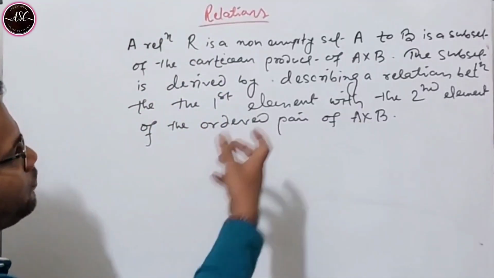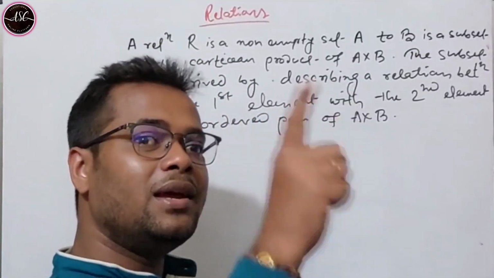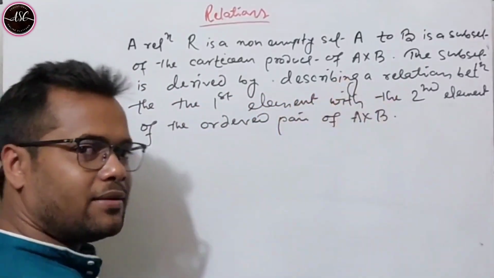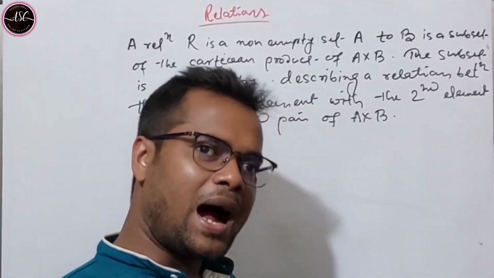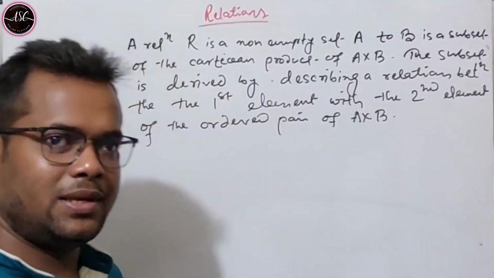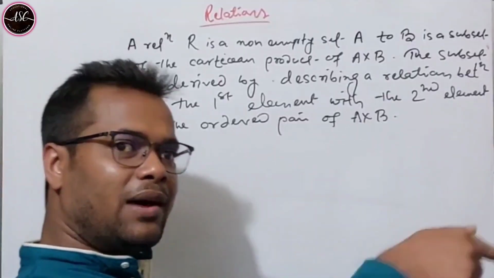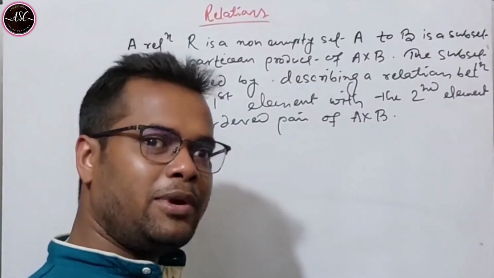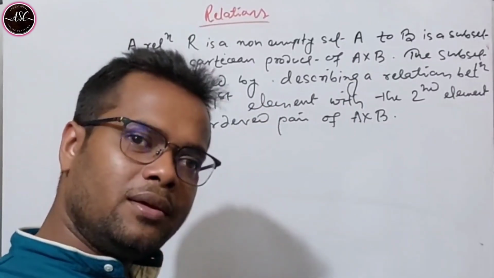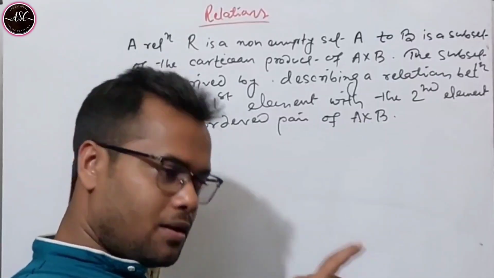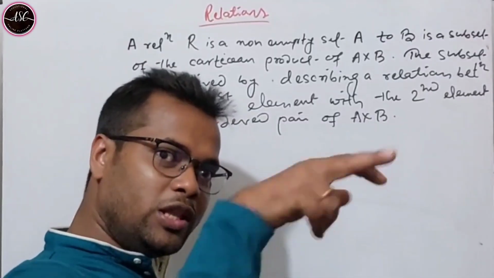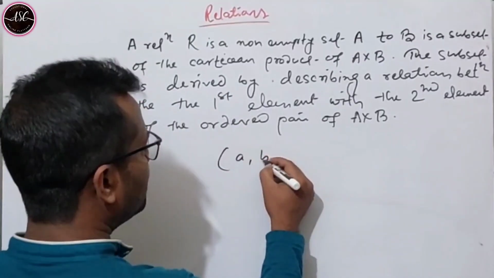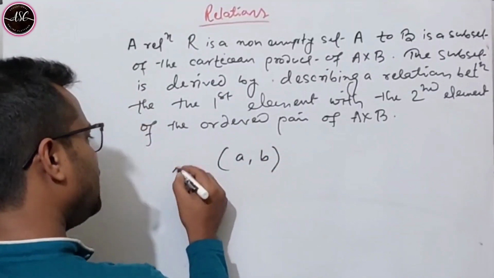Then the subset, that means R is derived by describing a relation. So R is a relation. R expresses the relation between the first element and the second element of the ordered pair. That means we write within brackets A comma B. Then there is a relation of A with B. Let (A, B) be an ordered pair.